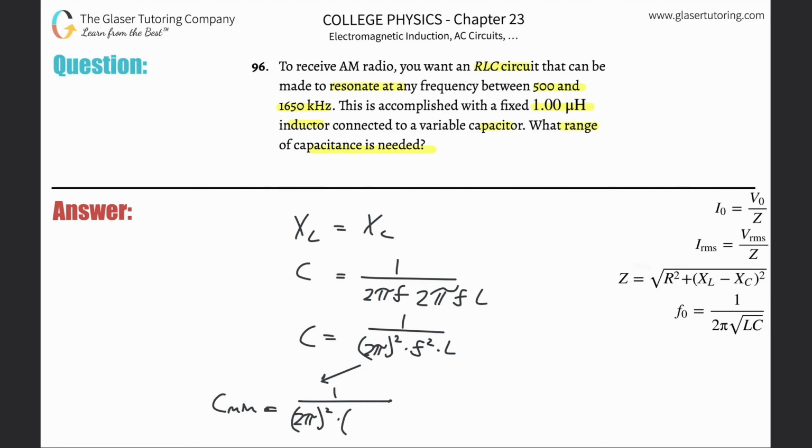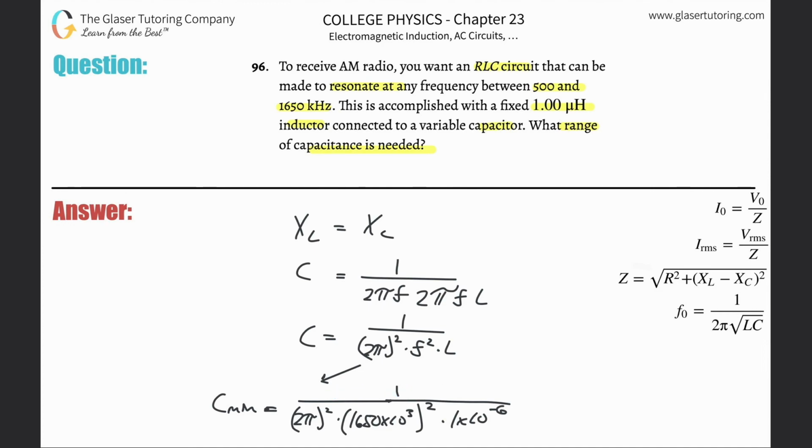So that's going to be 1650 times 10 to the third, because we need that in hertz, squared. Multiply then by the inductance of 1 microhenry, but we need that in henry, so there's going to be 10 to the minus 6th. Now, let's calculate this.